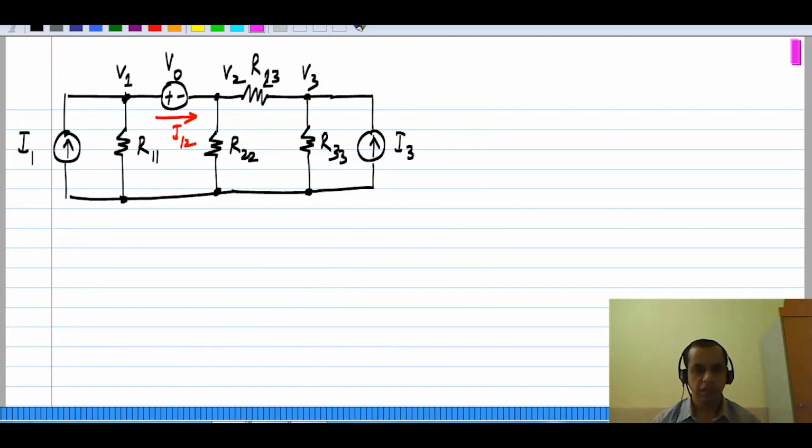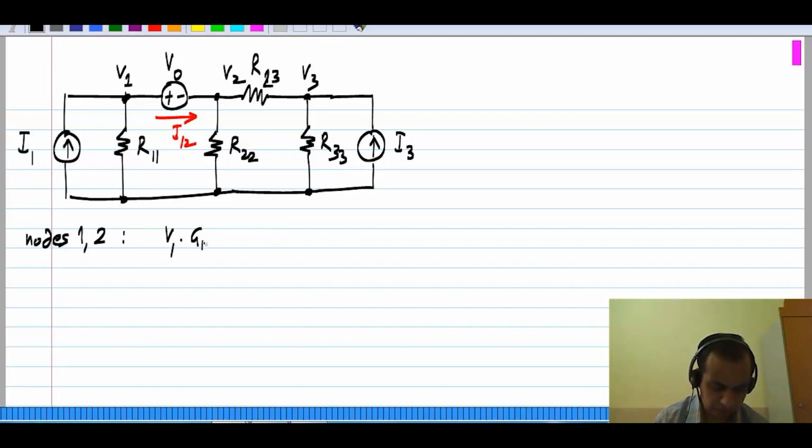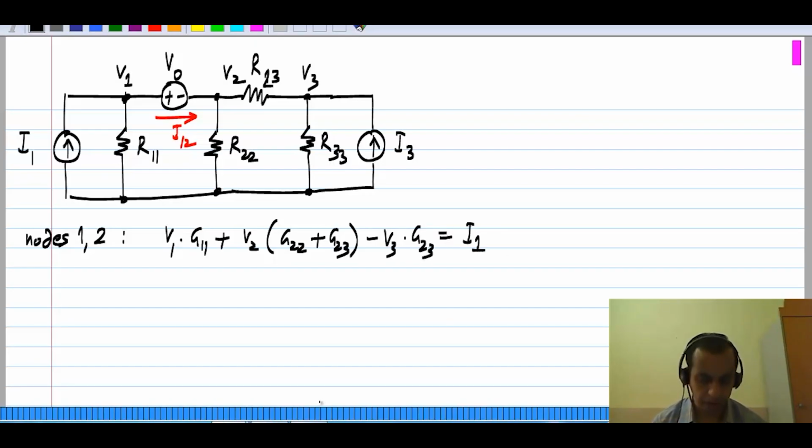What are my three equations? For nodes 1 and 2, between which the voltage source is connected, I have a single equation, which is V1 times G11 plus V2 times G22 plus G23 minus V3 times G23 equals I1. Okay. And for node 3, I have the same equation as before.